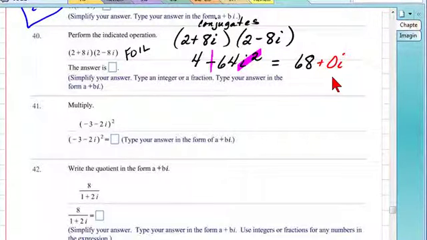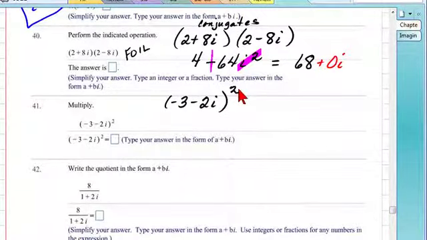All right, another multiplication. I have negative 3 minus 2i squared. Do you want to use the shortcut, or do you want to write it out twice? Both? Okay, let's start with the shortcut, and then if you don't like the shortcut, we'll write it out twice.